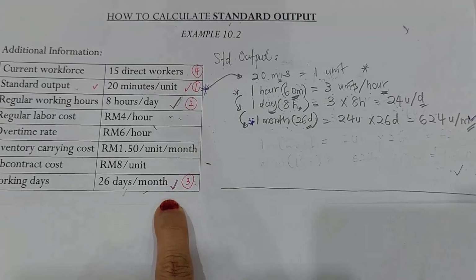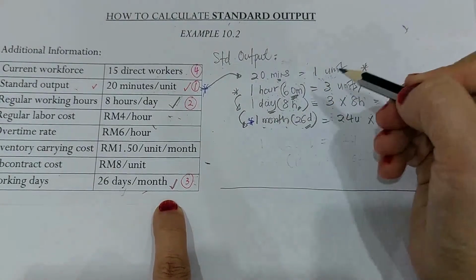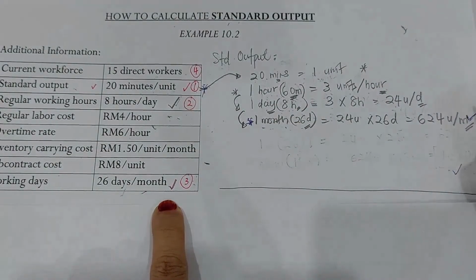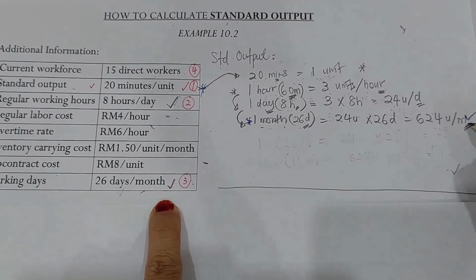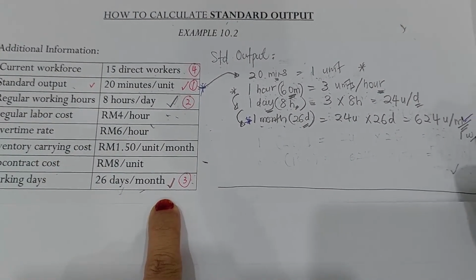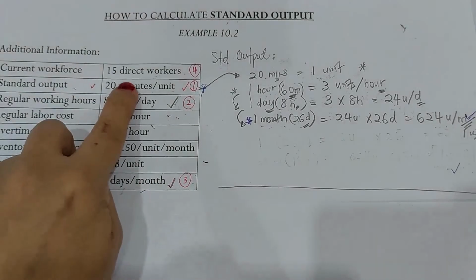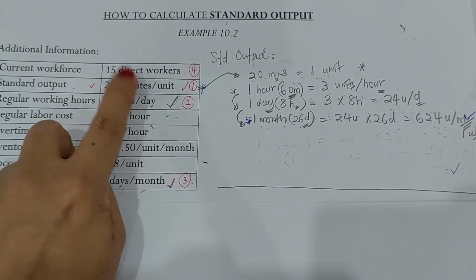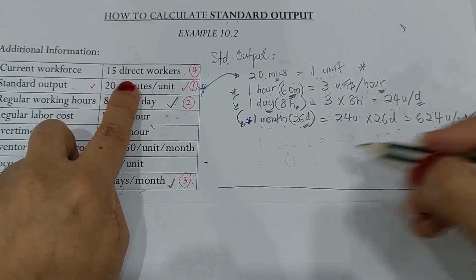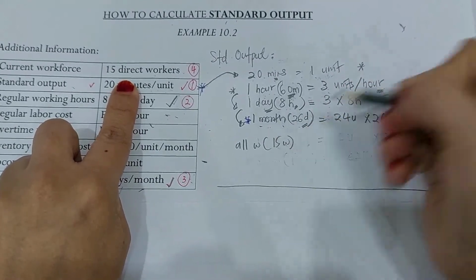Okay, and lastly, we have calculated for 1 month basis, and please remember that 624 units for 1 month here is only for 1 worker. Untuk satu pekerja sahaja. But now the company has 15 workers. So we need to calculate how many units the company can produce by using all the workers that the company has. So for all workers, altogether the company has 15 workers.